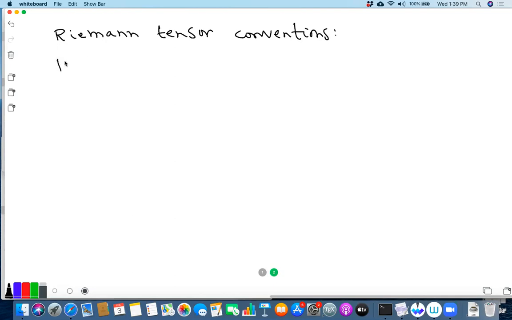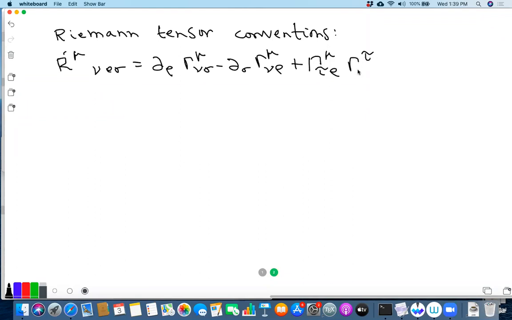So I'll use R mu rho sigma, the definition will be as follows, where Gamma is the standard Christoffel symbol.